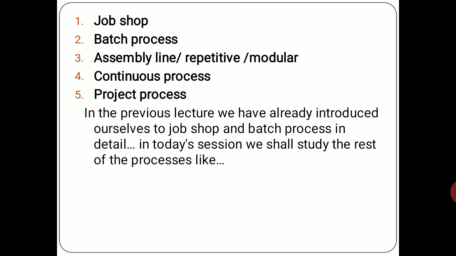As I told you in the previous lecture, we have already learnt about job shop and the batch process. In today's session, we'll be learning 3 more processes known as assembly line, the continuous process and the project process.